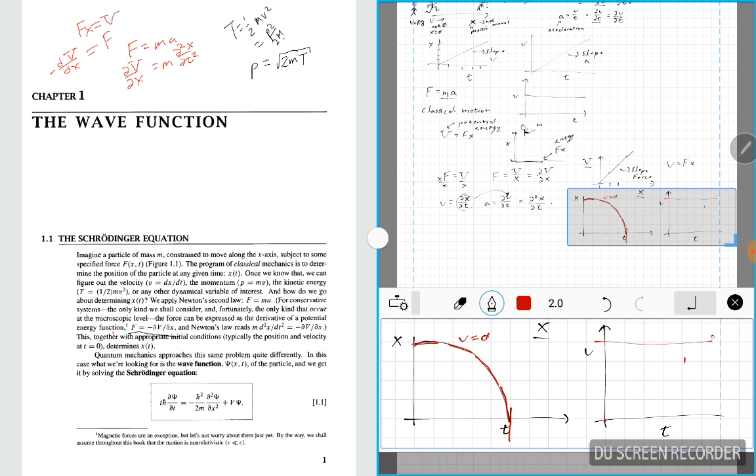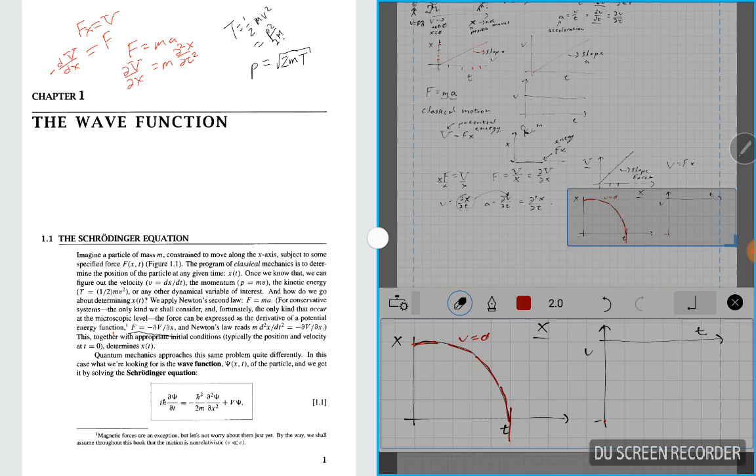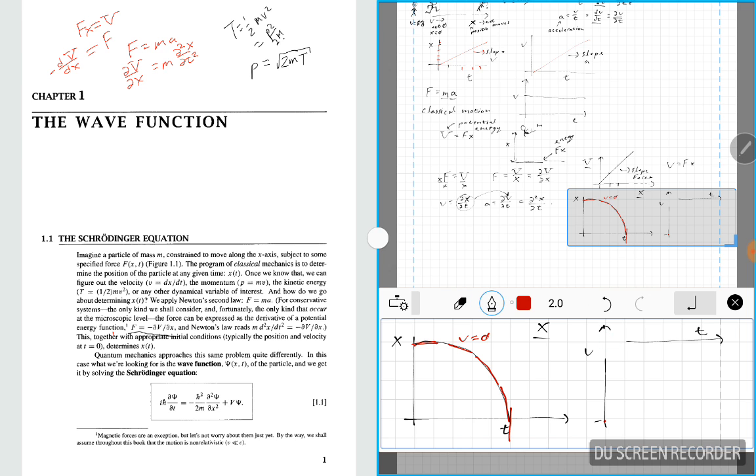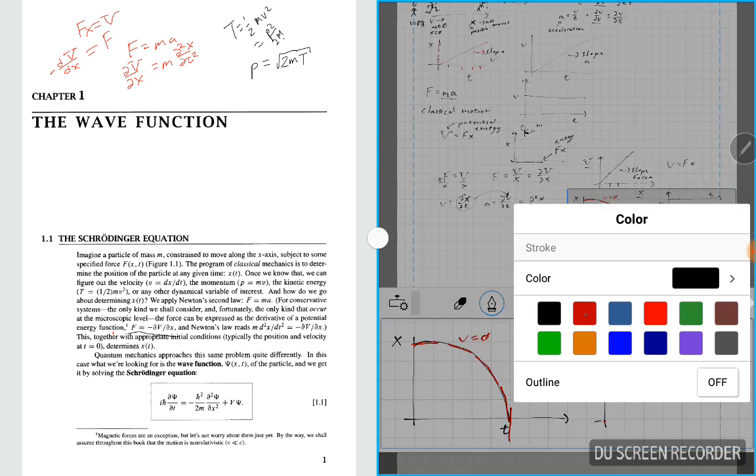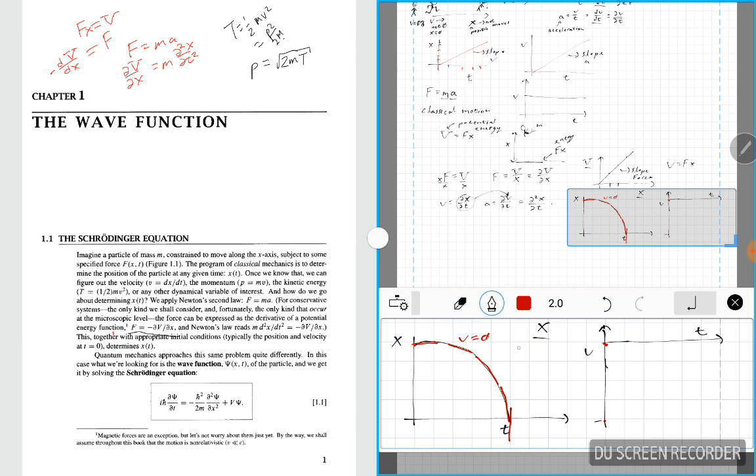Let's actually bring this axis up here, because we have negative numbers. So it starts at 0. Here it's a negative slope, and it's not very big.